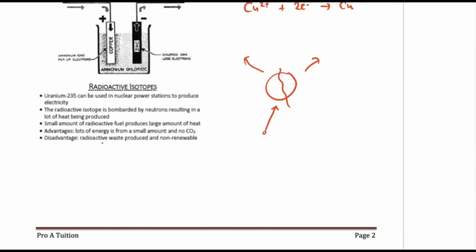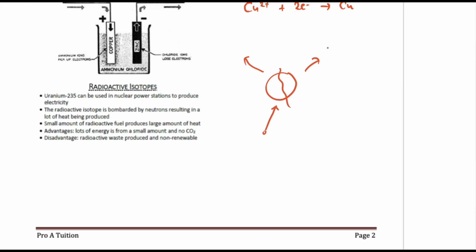Disadvantage: radioactive waste is produced. When you break down the uranium-235 to form two products, the products are radioactive, which is dangerous, as they emit radioactive rays. So you need to bury them underground for years.